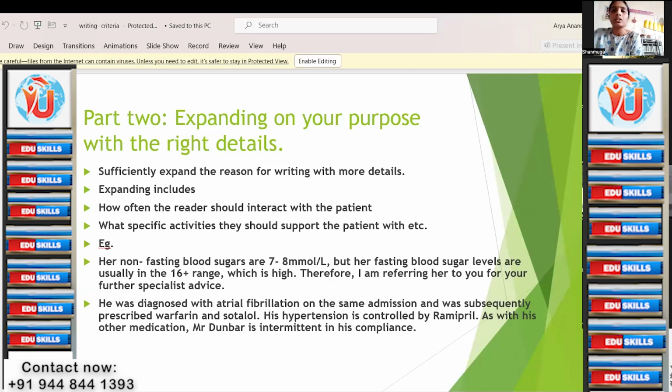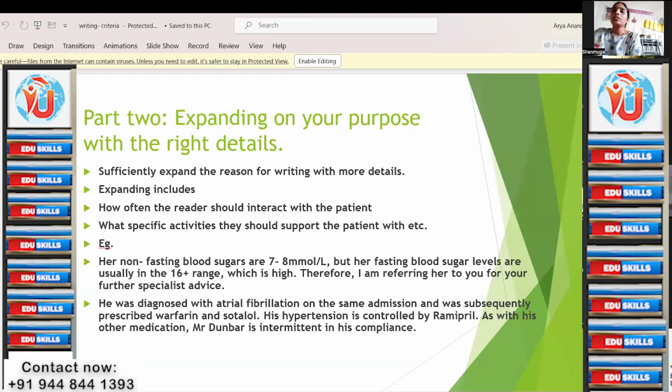Another example: he was diagnosed with atrial fibrillation. If you have Peter Dunbar's case note, you can understand this one. On the same admission he was subsequently prescribed medications. This is patient background information we give the reader to get a better understanding of the patient.